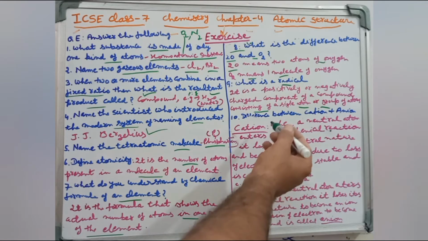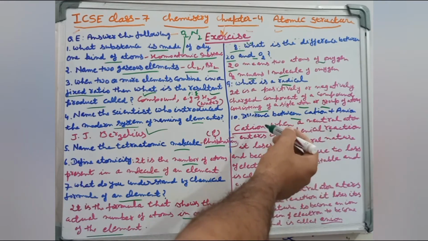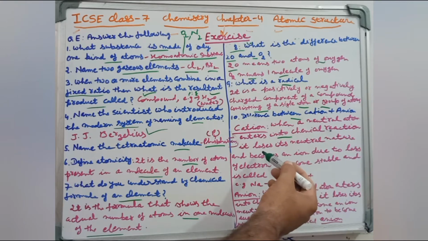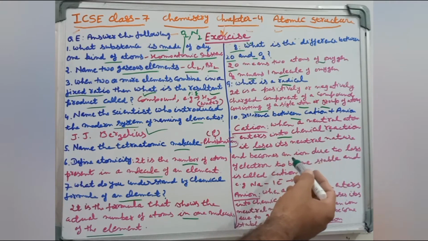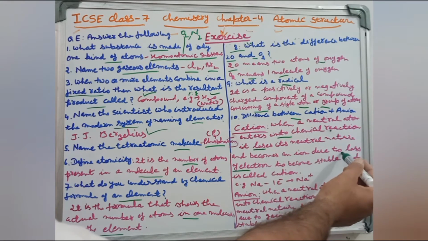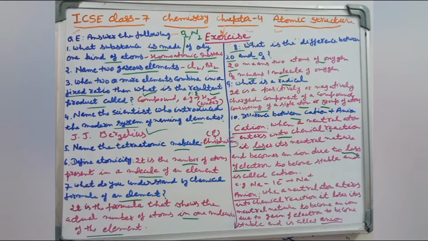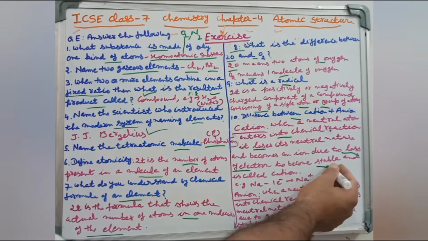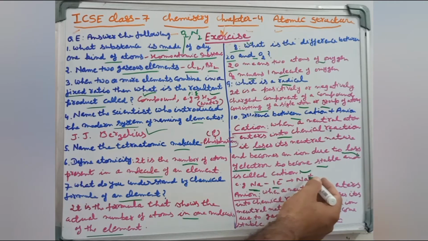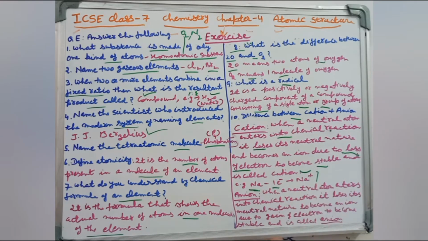Right? What is the difference between cation and anion? Cation: when a neutral atom enters into a chemical reaction, it loses its neutral nature and becomes an ion due to loss of electron. Keep in mind, loss of electron to become stable. For example, if sodium Na loses 1 electron, it becomes positive and stable.